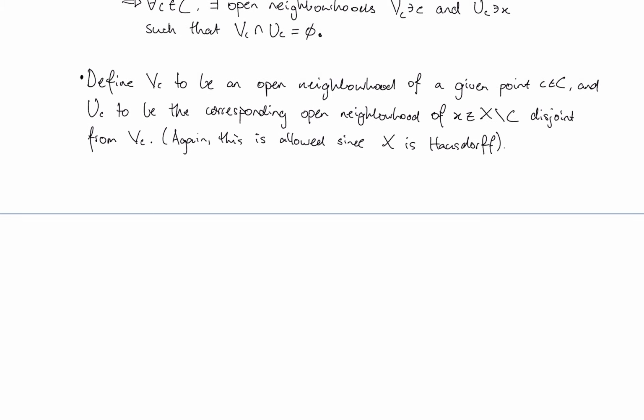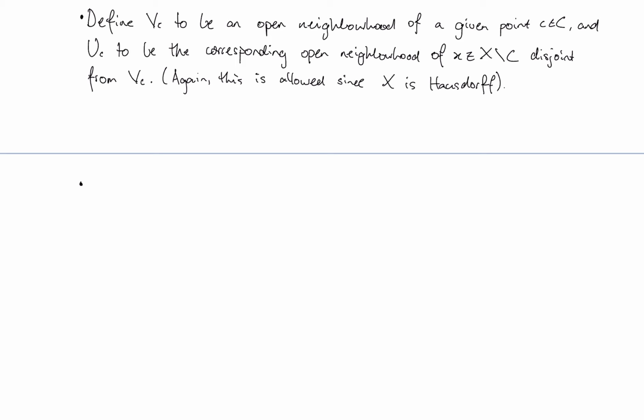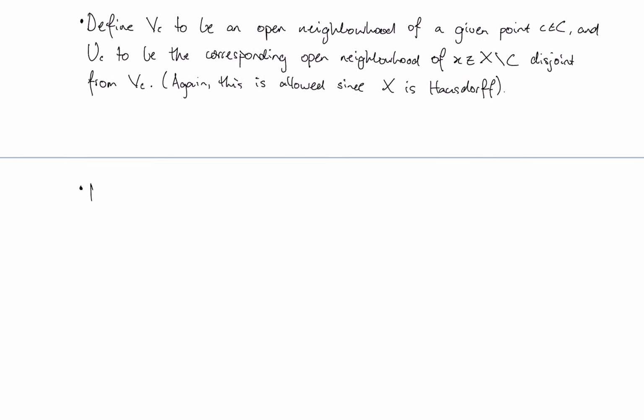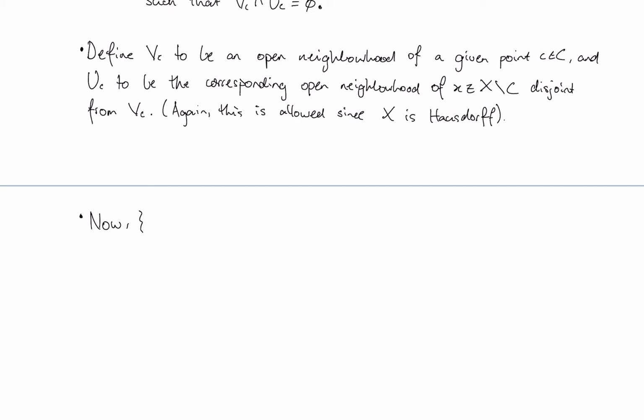Okay, now let's proceed. Now we know that we have an open cover of C. So let's form this cover by taking the collection of sets of open neighborhoods Vc around each point c in the subset.